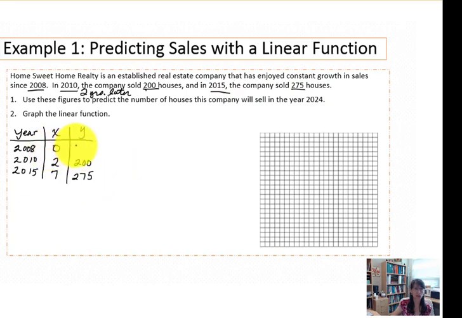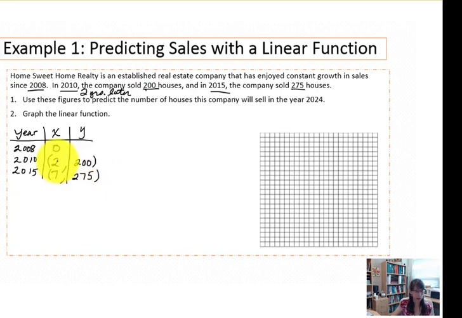They did not give us information on the year 2008, so we don't write any corresponding y values there. But now maybe you can see that we actually have generated some ordered pairs: (2, 200) and (7, 275). If we have two ordered pairs, we should be able to come up with the slope of the linear function.